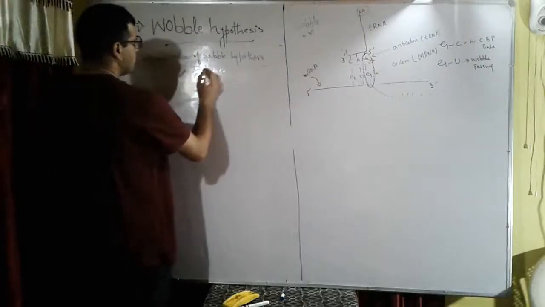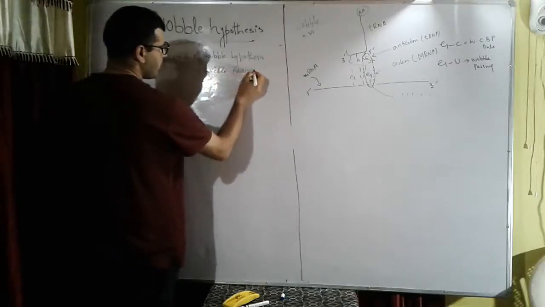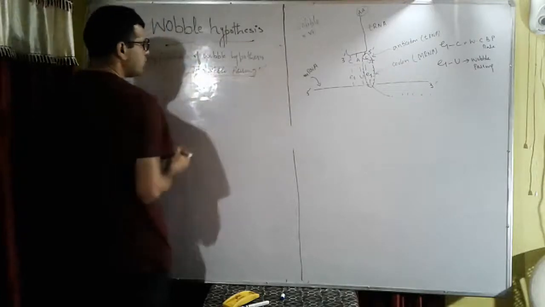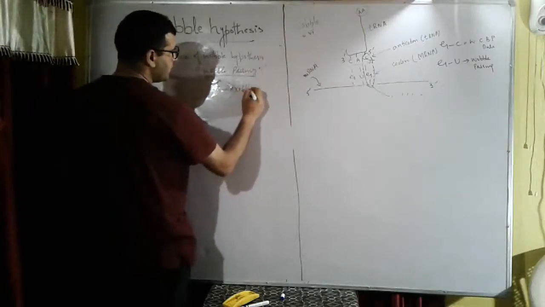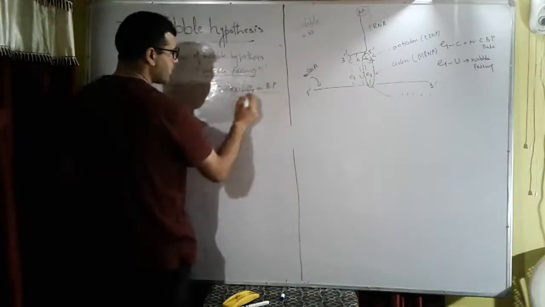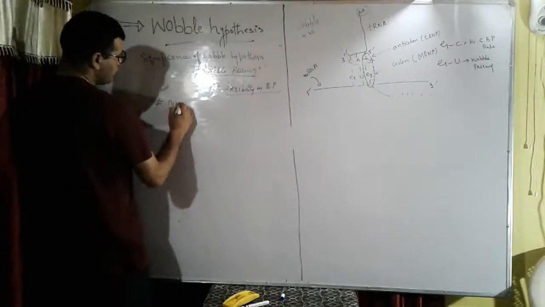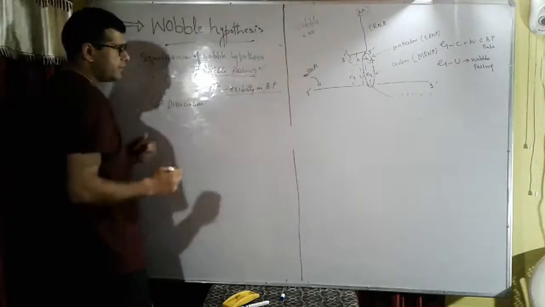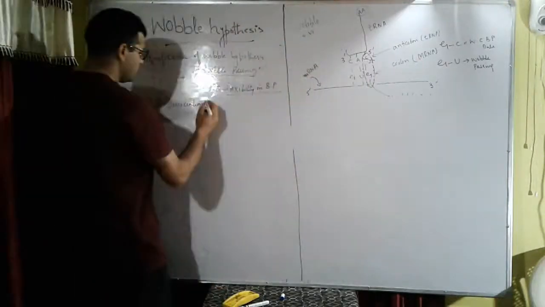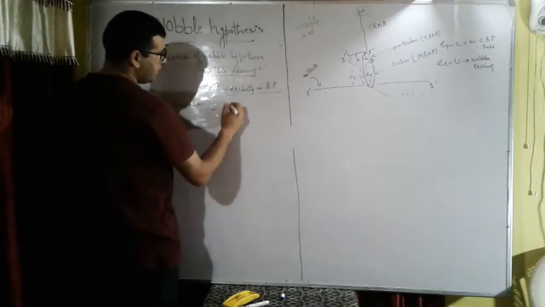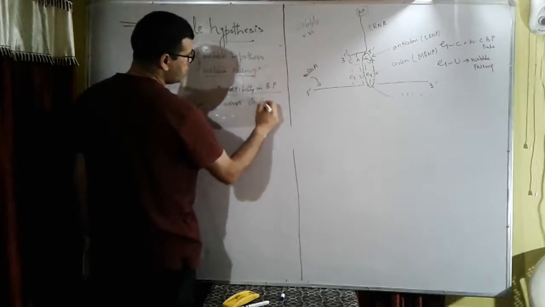So we can say that wobble pairing offers flexibility in base pairing, and that is the first advantage of wobble pairing: dissociation of mRNA and its corresponding tRNA is fast.